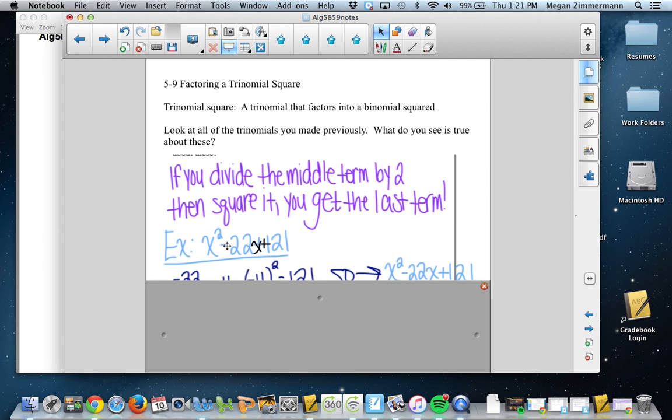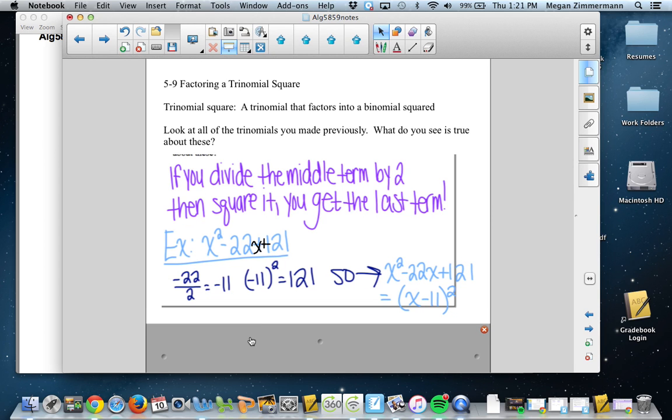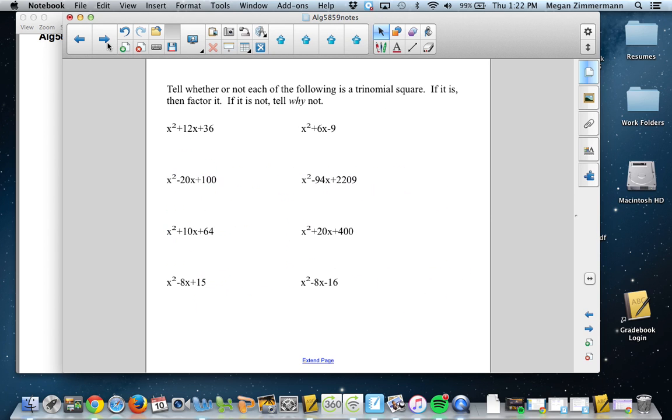So if we divide the negative 22 by 2, we get negative 11. Then negative 11 squared is 121. So in this case, this is a trinomial square. So we can factor this trinomial square into x minus 11 squared. So try these 8. You're telling whether or not each of the following is a trinomial square, and if it is, you're factoring it, and if it's not, then you're saying why not. So you're going to pause this and then replay it.